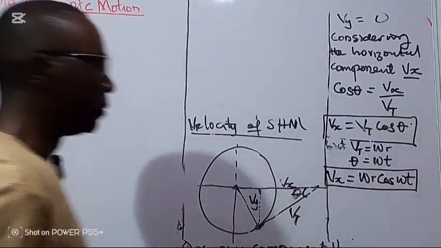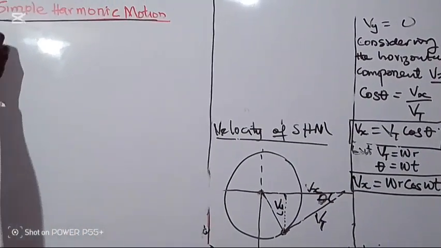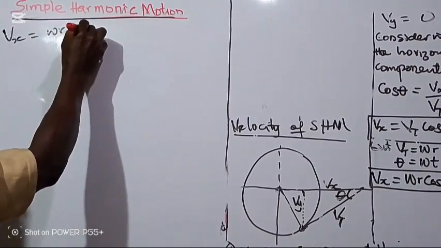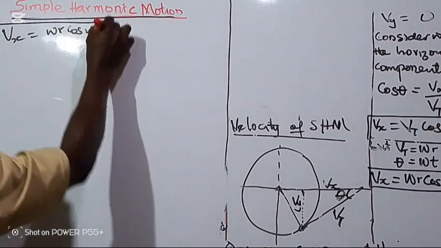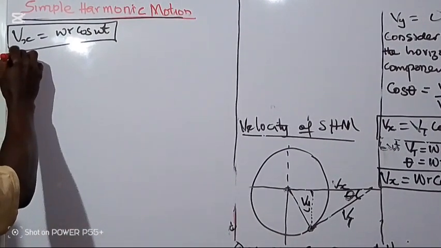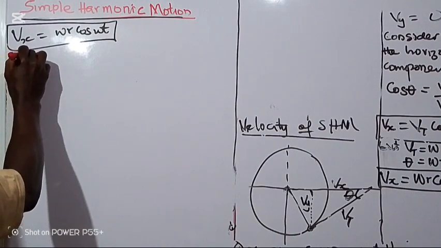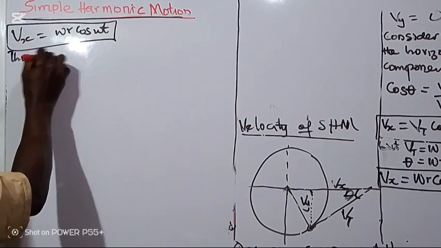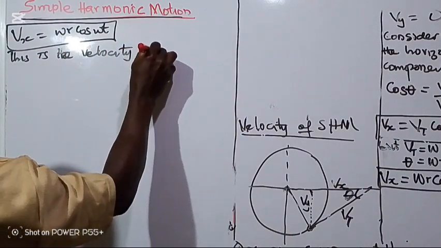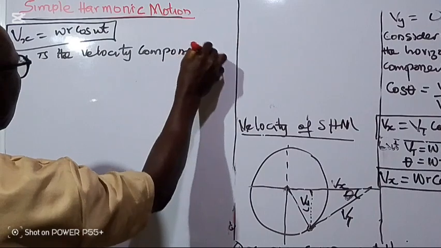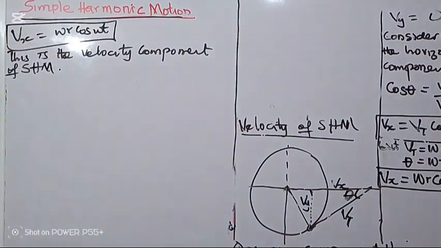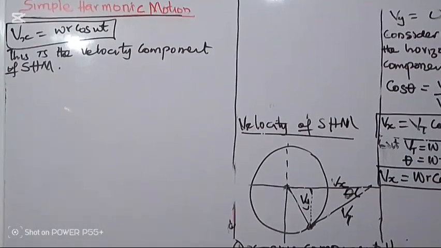Now, Vs is equal to omega r cos omega t. This is the velocity component of simple harmonic motion.